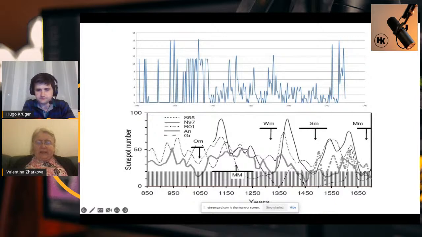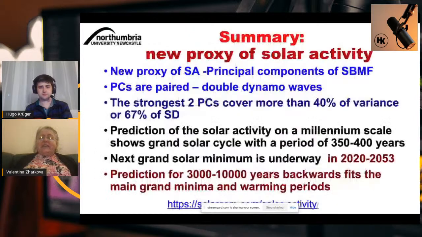You can see that in the Spörer minimum in Antarctica you had minimum ice, but in Greenland we have a maximum at that time. Why? Because the supernova was in the very deep south, 55 degrees south latitude. So it affected the southern part of the Earth, but not the northern part. So there was a differential temperature over the Earth then? Yes, of course, this is the thing.